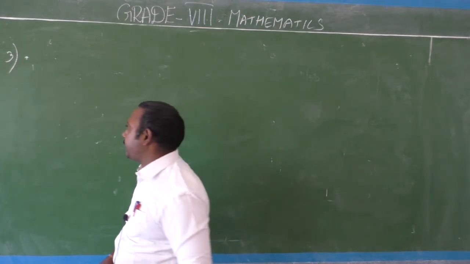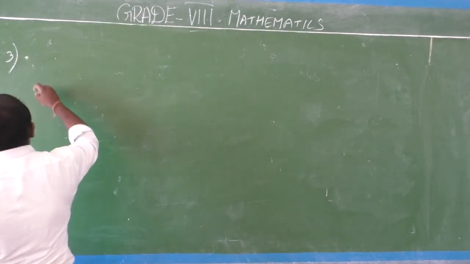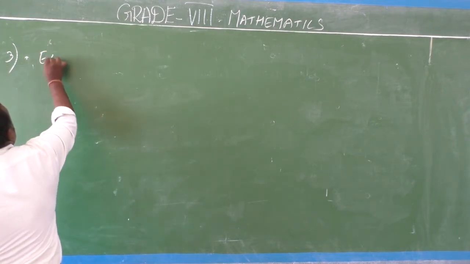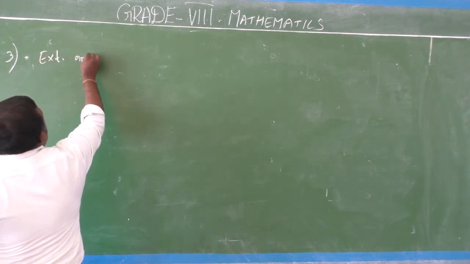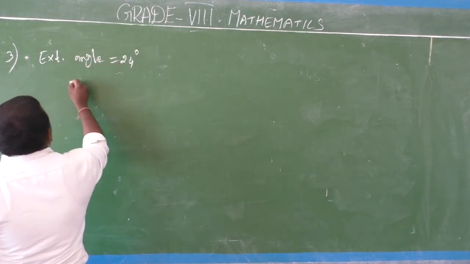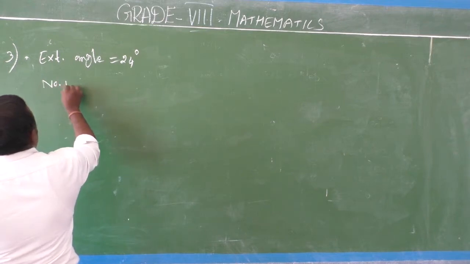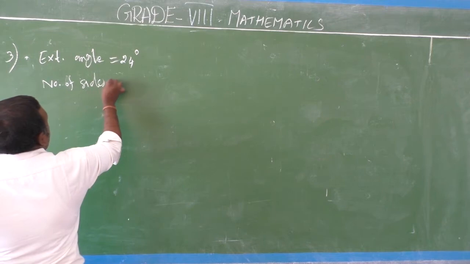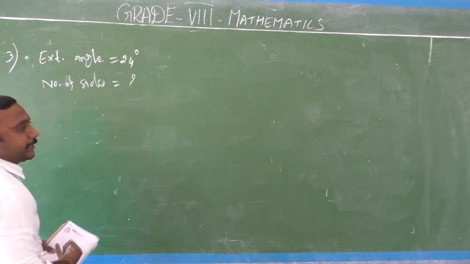By using the same formula, here the exterior angle is equal to 24 degrees. We have to find the number of sides.